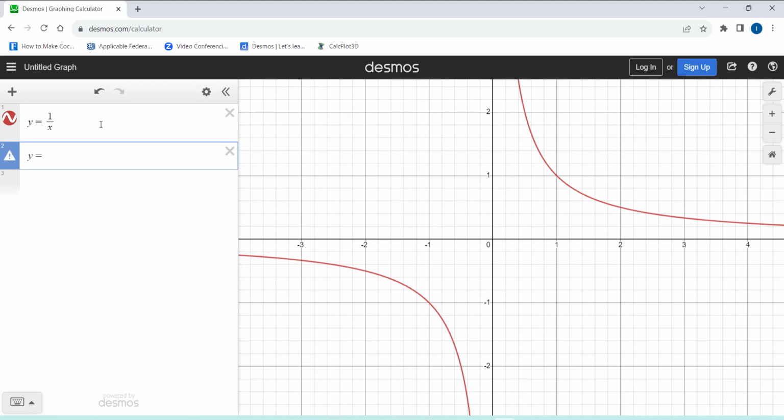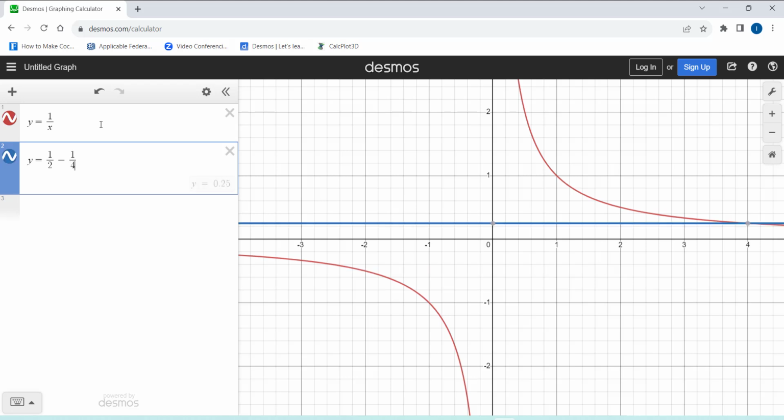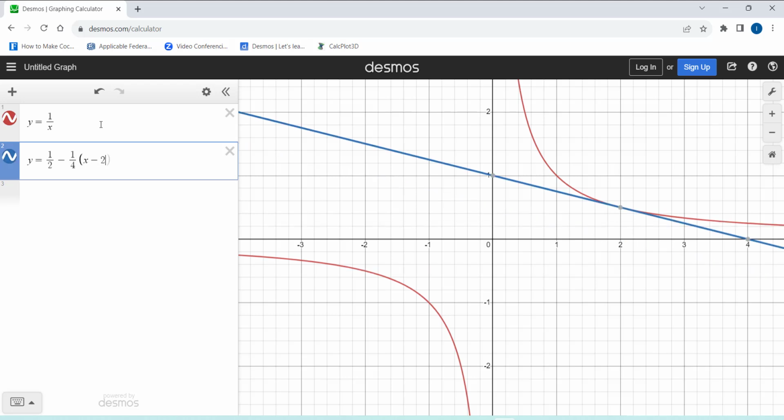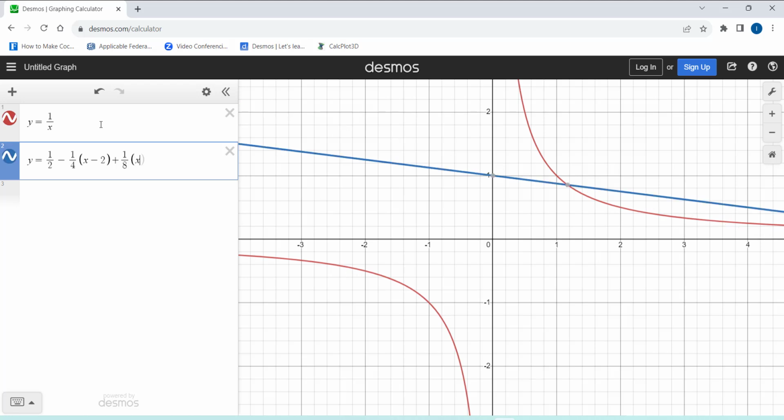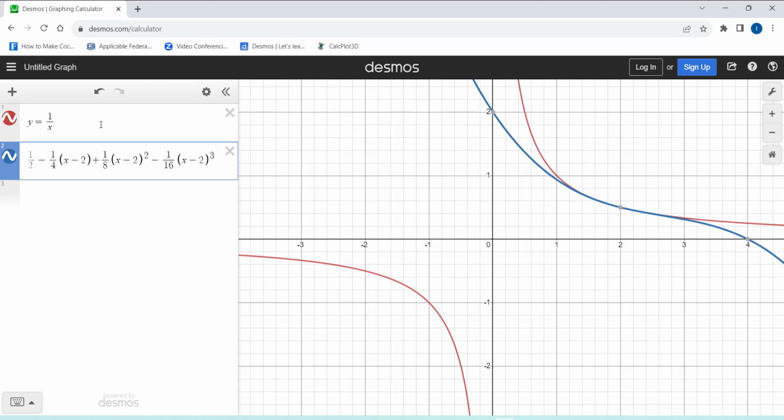The polynomial we got was 1/2, minus 1/4 times x minus 2, plus 1/8 times x minus 2 squared, minus 1/16 times x minus 2 cubed, and the last one was plus 1/32 times x minus 2 raised to the fourth power.